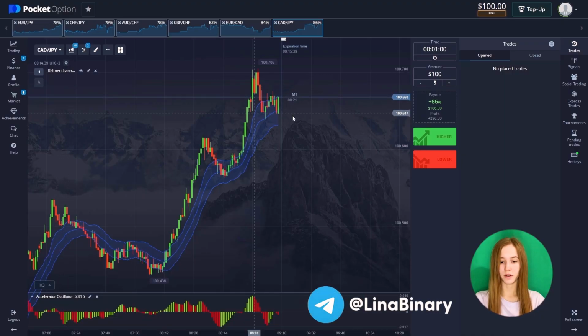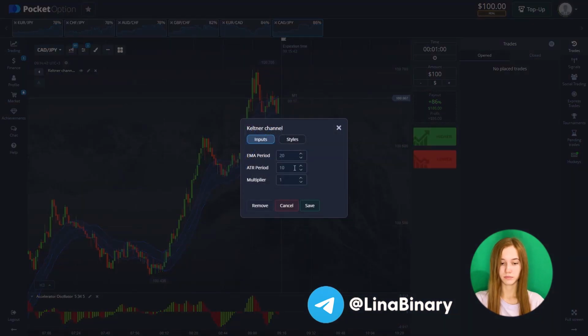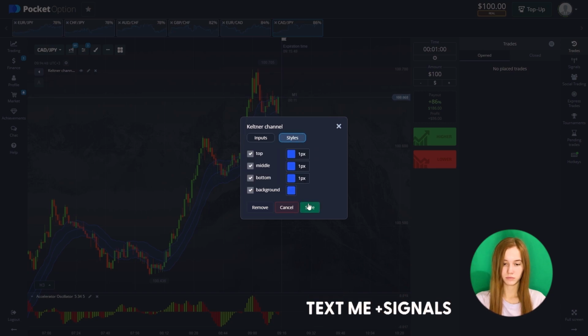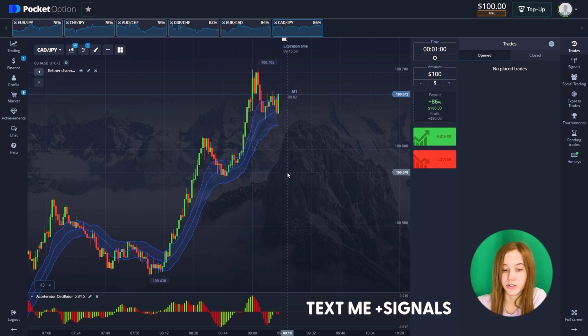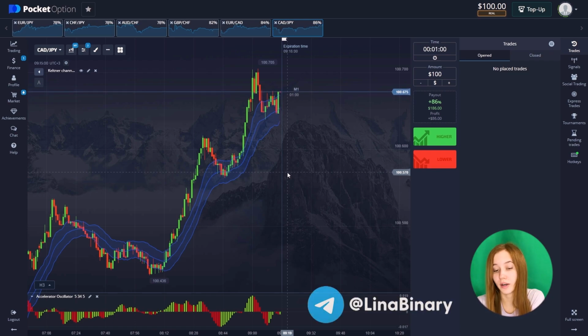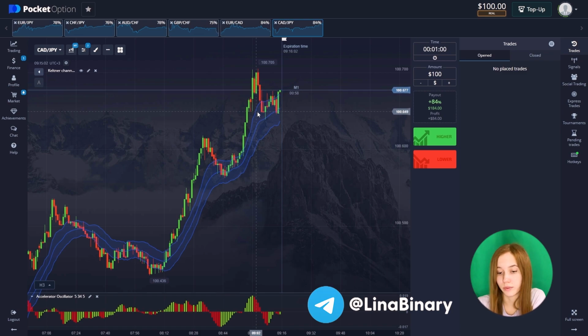So we started with our Keltner channel, the settings we see. This indicator is based on volatility that measures price movements related to the lower and upper bands, moving average.